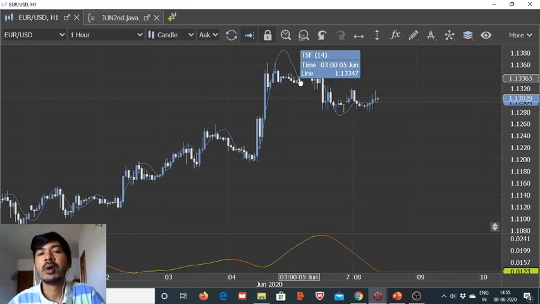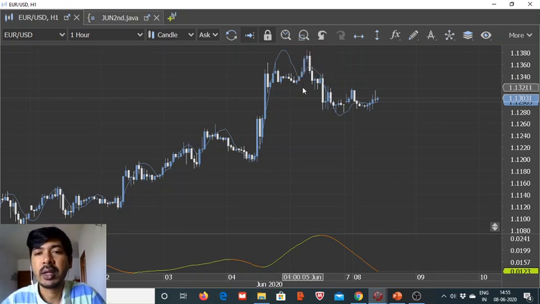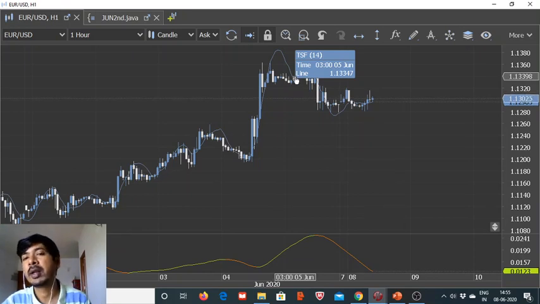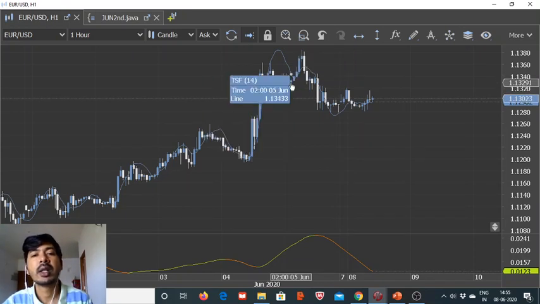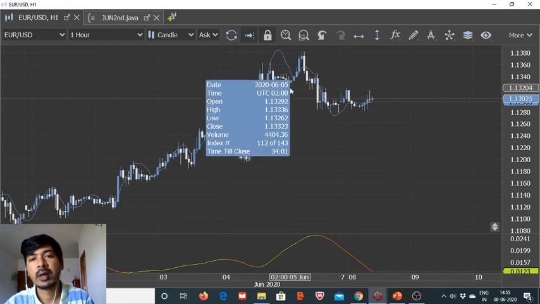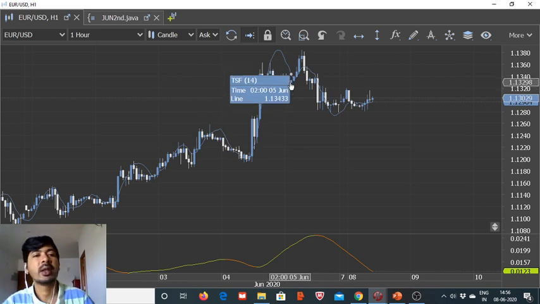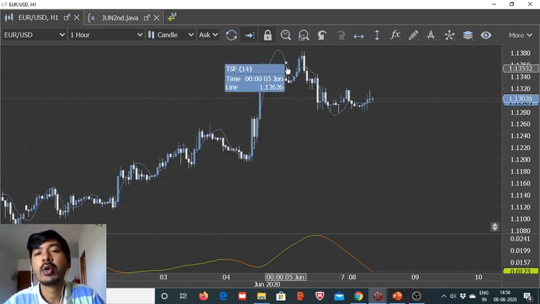So how we will determine the setup, I will just explain to you here. As you can see, this bar closes above TSF, and then we will be looking for a buy trade, but we will keep another requirement as well, that the prior three hourly bars. Now that we are working with the hourly setup, we will keep it at hourly, and the prior 3 bars should have closed below this TSF range.